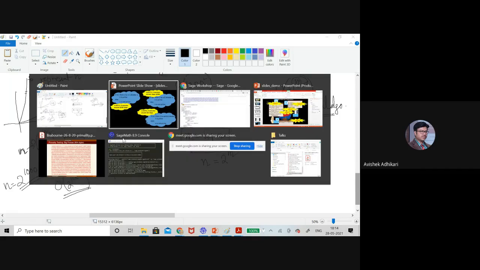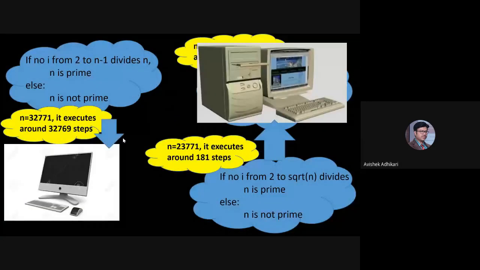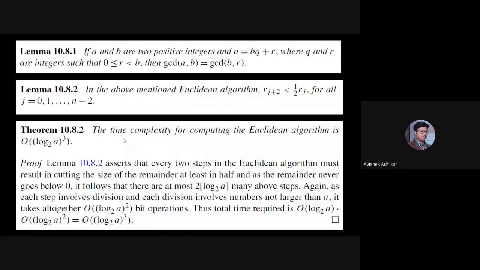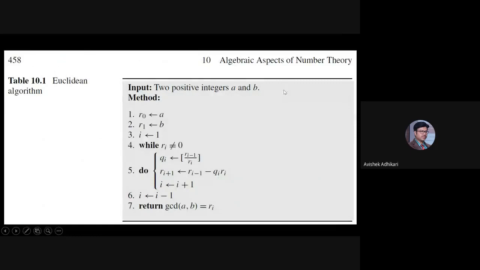So let's have a look at whether the GCD algorithm is also that inefficient or not. What you see here is that for every 2 steps, the value of the remainder gradually decreases. The values of r are going down, because it's a strictly monotonically decreasing sequence of positive integers.